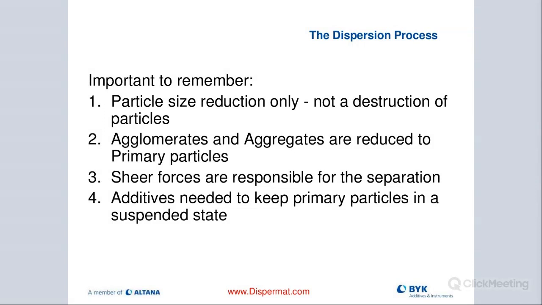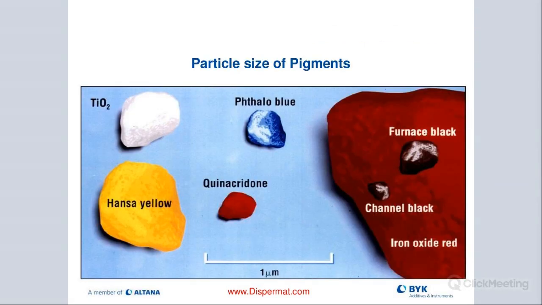And then finally turning the aggregates into primary particles when we do the milling, which we'll talk about as well. The shear forces are really responsible for that separation and breakup of these binding forces. And then at the end, we also need to keep in mind we should be using some additives to keep all these particles in a suspended state.